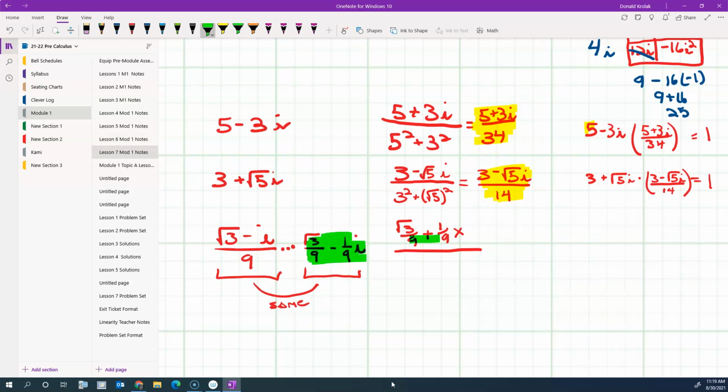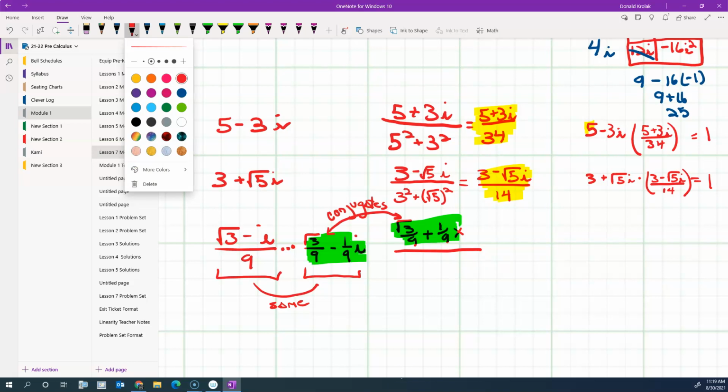This and this are called complex conjugates. So the numerators are the conjugate. Now do the denominator.